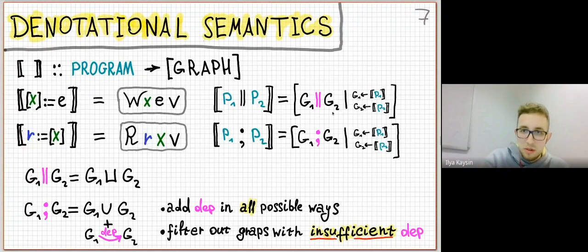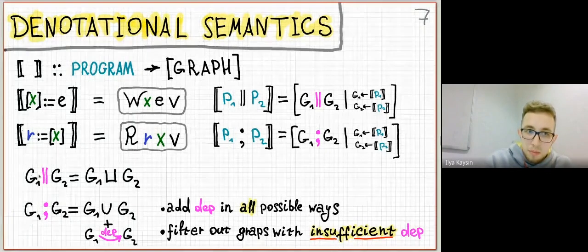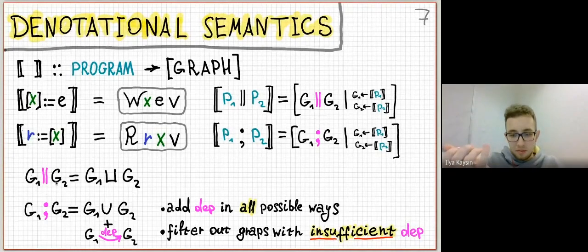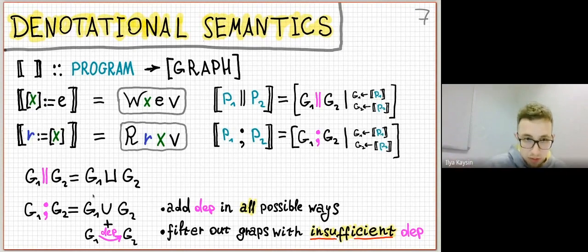So we combine them using the graph-level parallel composition and graph-level sequential composition, where graph-level compositions are defined below. What does it mean to compose graphs in parallel? It means that we just unite these graphs, just a simple union of graphs.